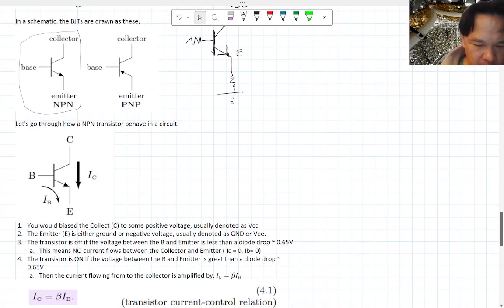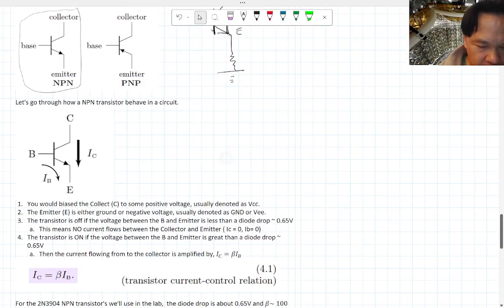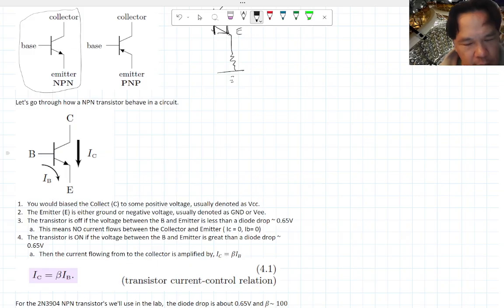So how it works is that the current flows from the collector to the emitter. Then a small amount of current flows from the base to the emitter, but of course this is almost negligible, because your beta is going to be something on the order of 100. So we would bias the collector typically with a high positive voltage, typically denoted as VCC.